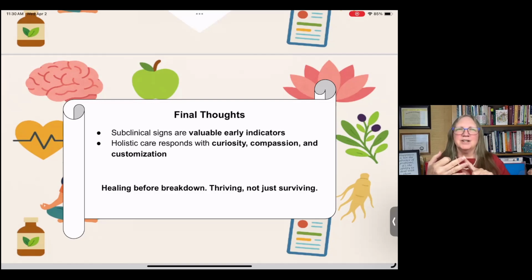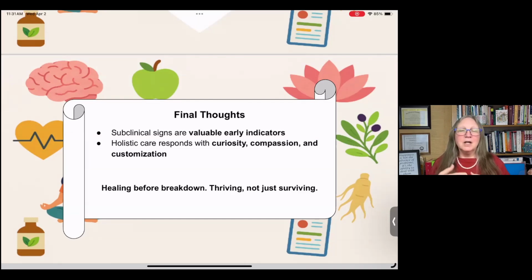And so we're going to change it to this medicine or add a medicine. Pretty soon you're on 3 or 4 or 5 medicines. And some of those medicines are giving you side effects. So now you need another medicine for the side effect, all because you had these symptoms that they diagnosed as a clinical diagnosis. Well, before we get there, let's do some natural healing, some holistic healing.